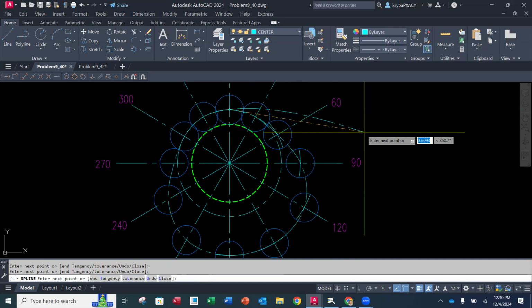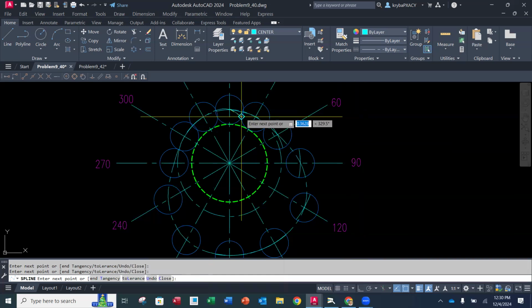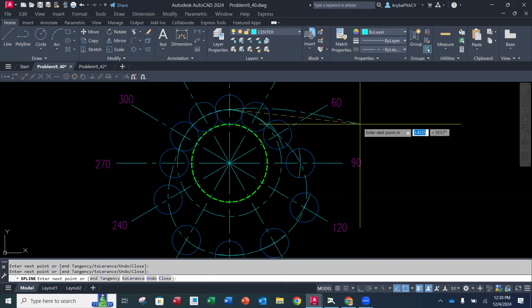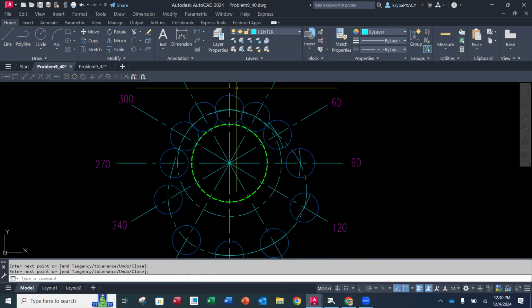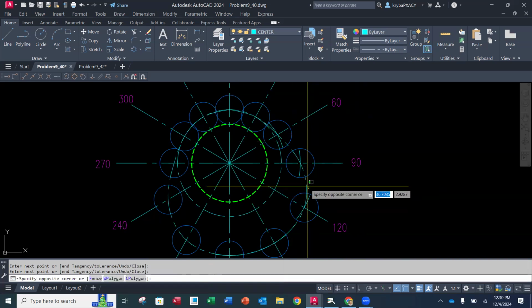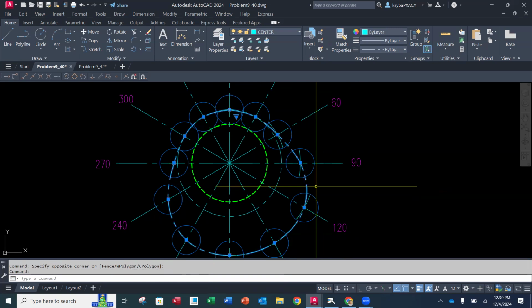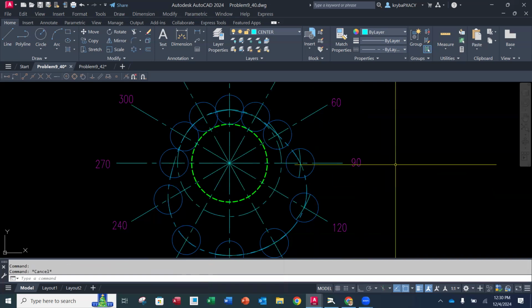Now, something about this command, don't hit escape at the end of it like you can for others, because otherwise it'll all go away. You've probably experienced that already. Just go kind of away from it and hit enter when you get to that last point. And now this is the spline that's created, okay, through the centers of the roller. But for the profile of our cam, we're going to offset that 3/8 of an inch, okay?